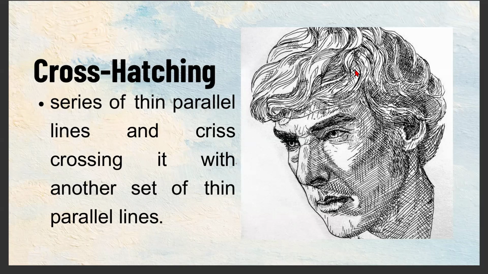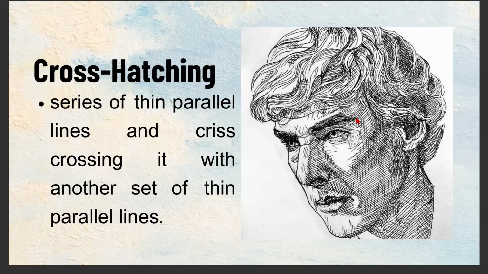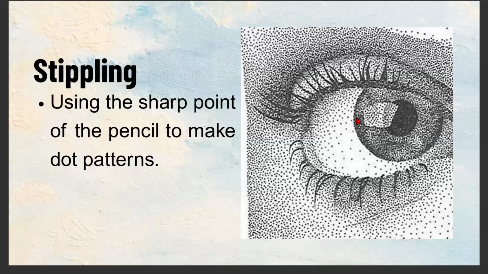It adds multiple layers of lines crisscrossed together in order to create more texture. In this example of cross hatching, you can see a lot of crisscrossing, compared to the hatching which only has one line, one direction. So that's cross hatching and hatching for you.